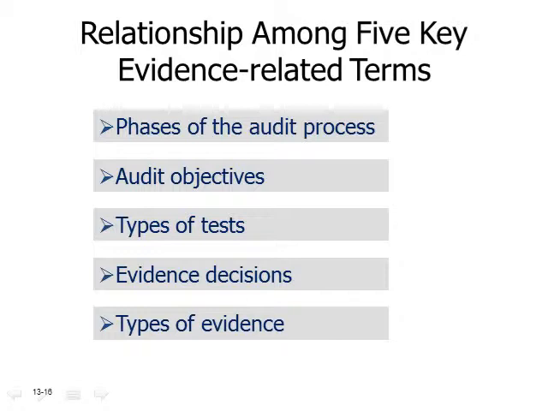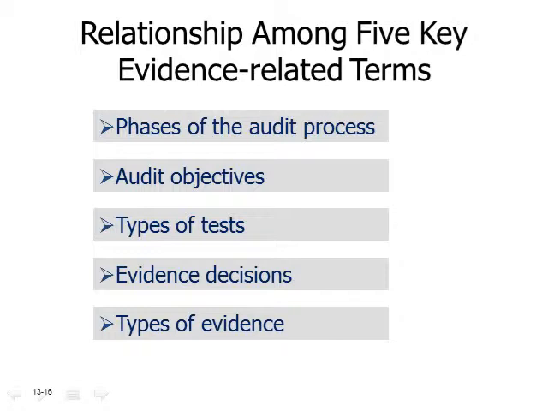And so you can see that each of these, whether it's the phases of the audit process, the audit objectives that are inherent to those phases, the types of tests that help us meet those audit objectives, the evidence decisions that inform those types of tests, and the types of evidence that we confirm as a result of the evidence decision are all very much interrelated, and they're very interactive, and they inform one another.